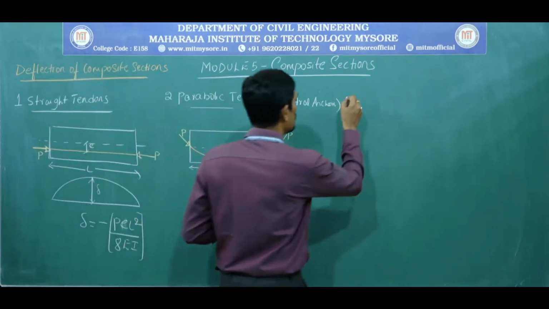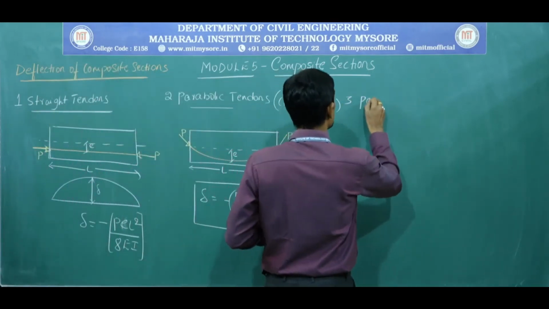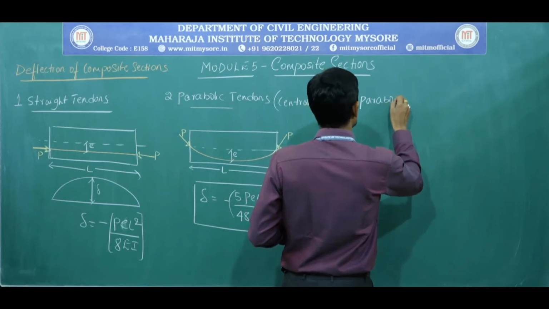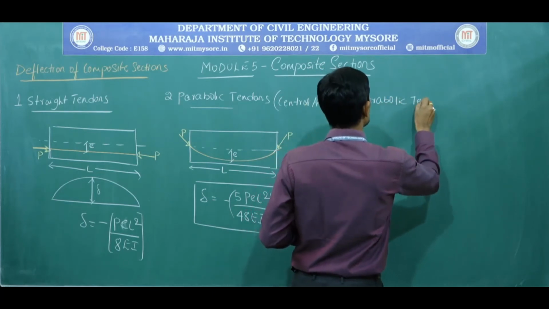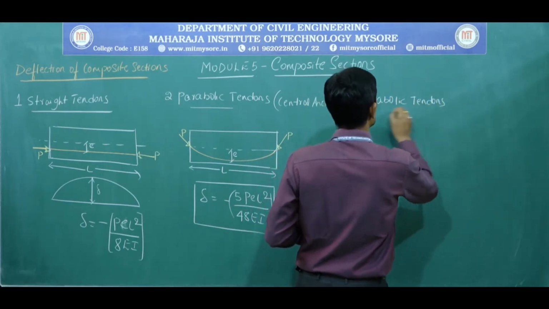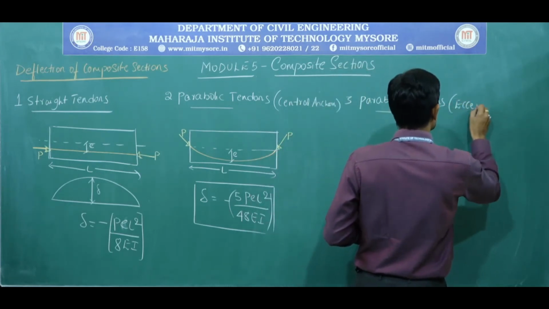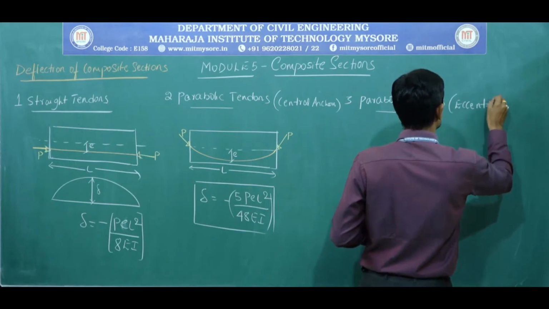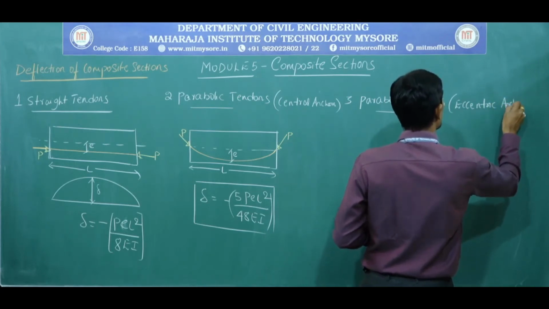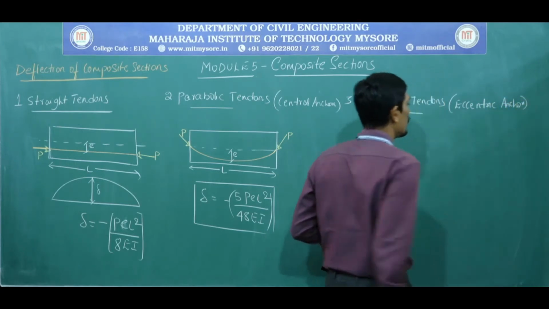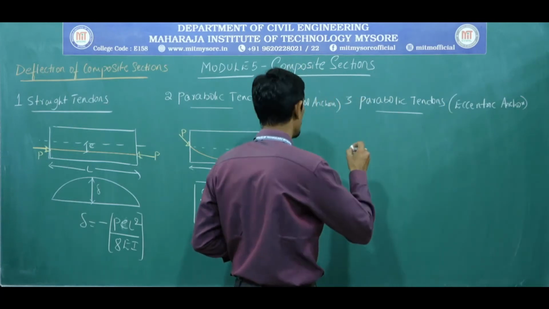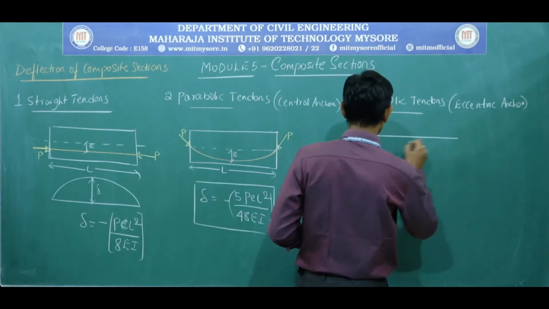Coming to the next, the same parabolic tendons I am going to consider, but not with central anchors. I am going to consider eccentric anchors. So what is the meaning of eccentric anchors? Let me draw that.